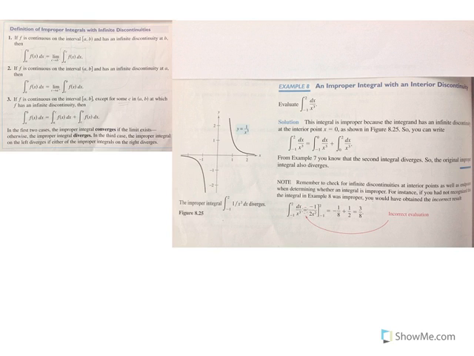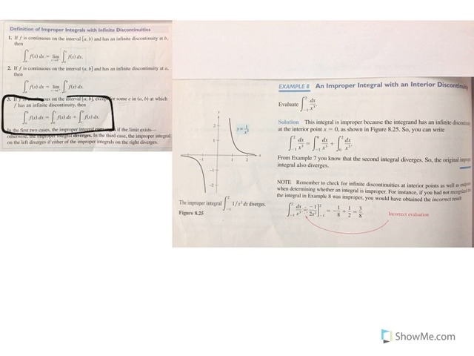Let's take a look at example 8. This is a situation like we have for number 3 here, where you have an improper integral. The limits of integration are from -1 to +2. The problem happens somewhere in between -1 and +2.